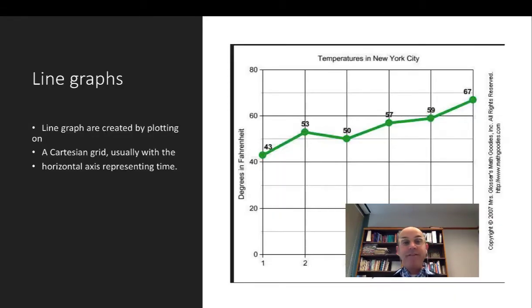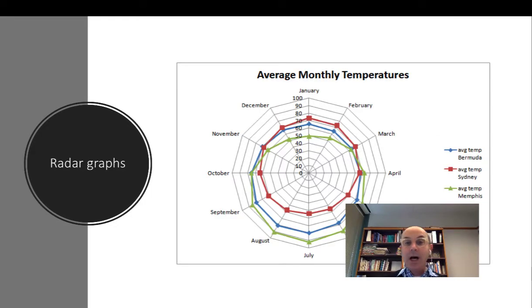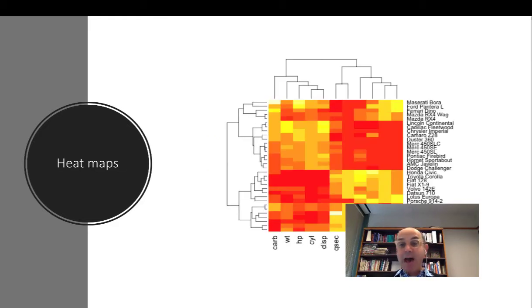The line graph, again, this is temperature in New York, and this is something that we often use. The radar graph is a little bit more complex. We are able to display the time through, as you can see here, and show the average temperature, high and low, with regard to the scale that we have.